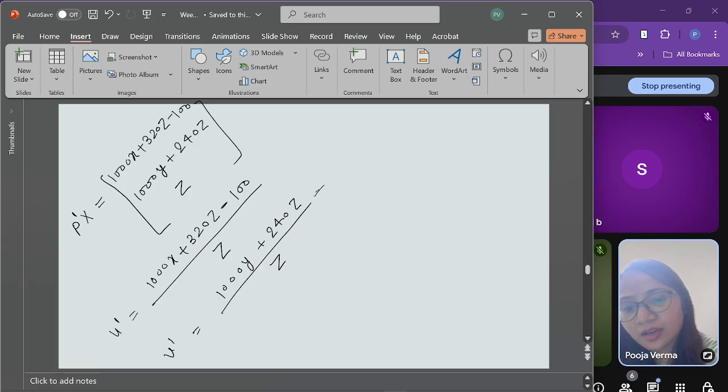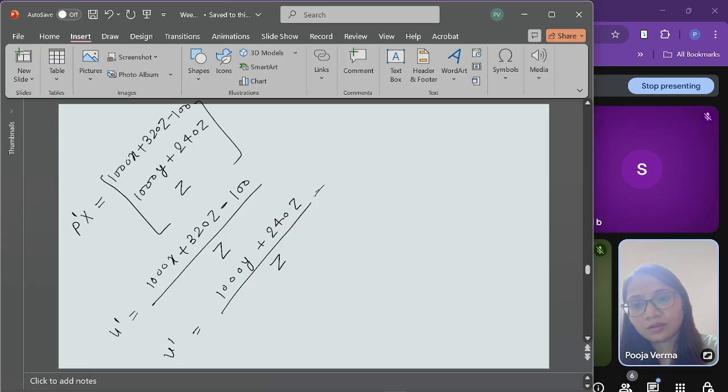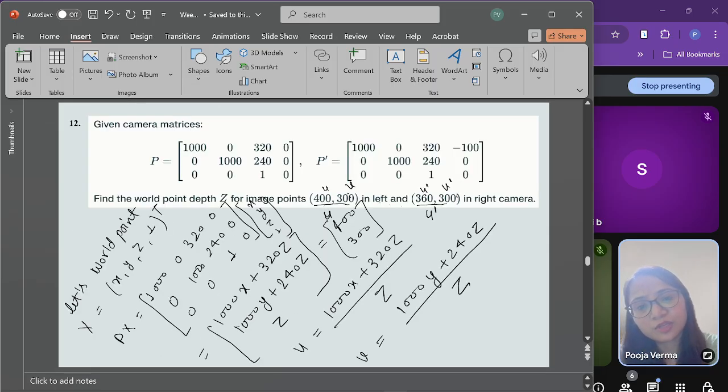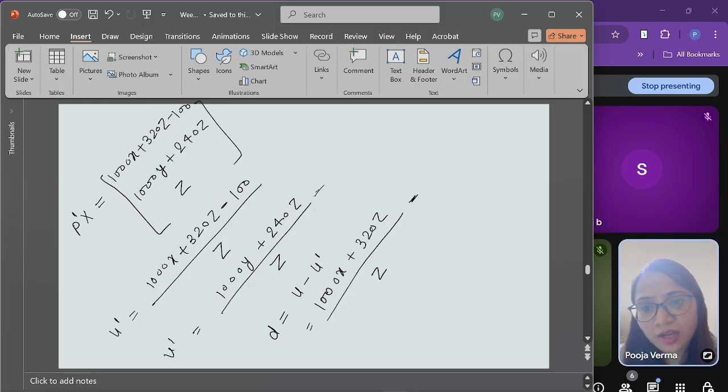The disparity d is calculated on the left and right image planes as u minus u dash. u is 1000x plus 320z divided by z, and u dash is 1000x plus 320z minus 100 divided by z.